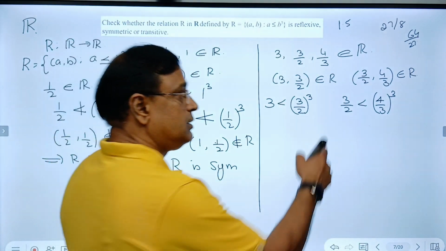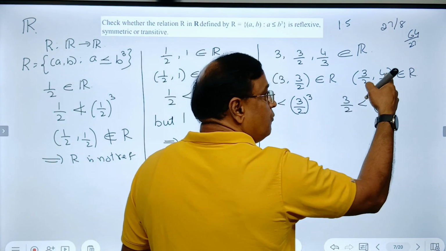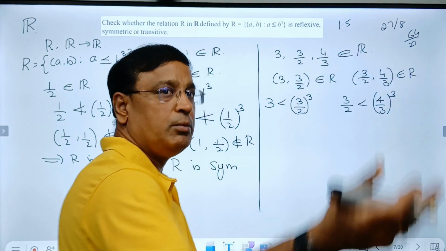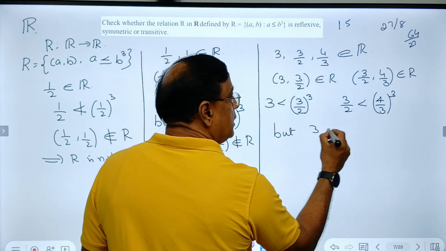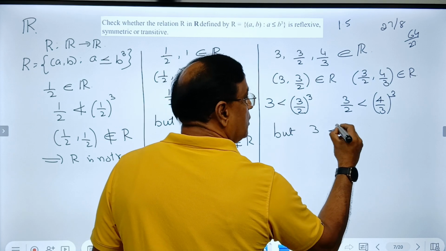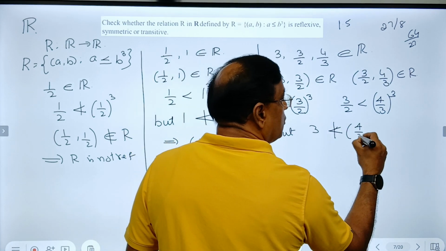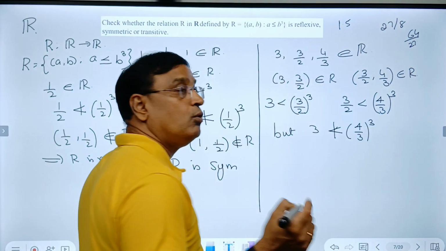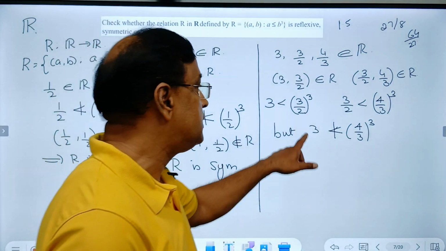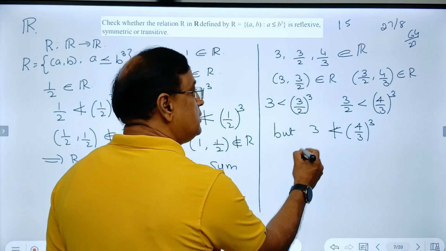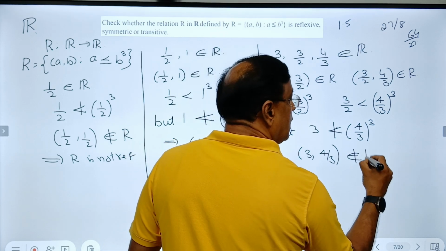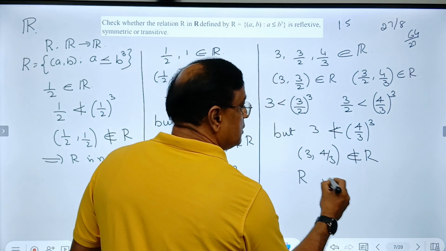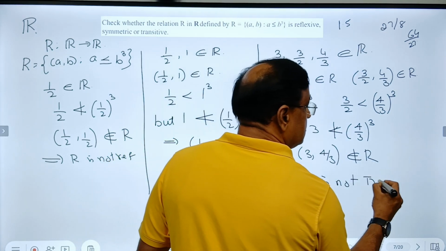Am I clear? 3/2 is 1.5. (4/3) the whole cube will be more than 1.5. But what happens? 3 is definitely not less than (4/3) the whole cube, because (4/3) the whole cube is 2 point something. But 3 is greater. So (3, 4/3) does not belong to R. Therefore R is not transitive.